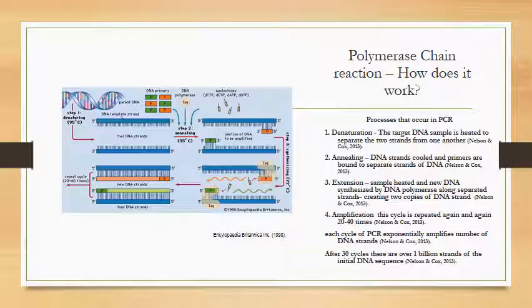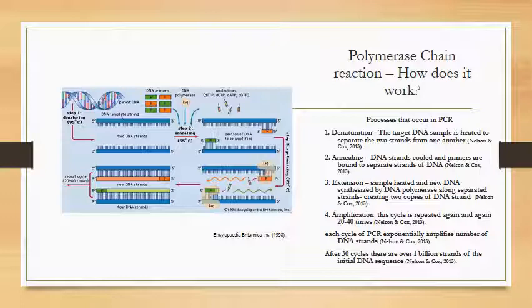There are actual processes that occur inside this thermal cycler, and those processes are denaturation, annealing, and extension. All these are the amplification of our initial DNA template, and this cycle of the 3 steps is repeated again and again, maybe 20 to 40 times.